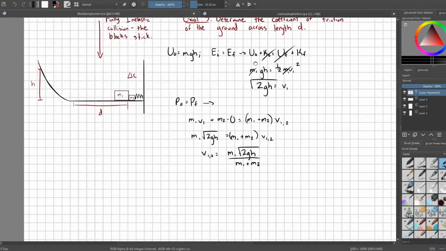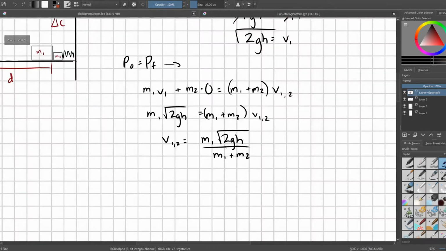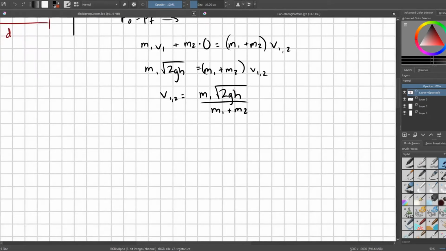So that means if these two blocks together have a velocity together, they're also going to have a kinetic energy associated with them, right? And we can solve for that kinetic energy by doing the following.